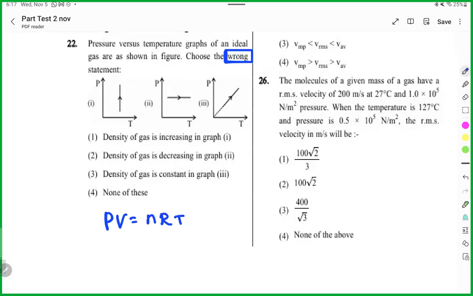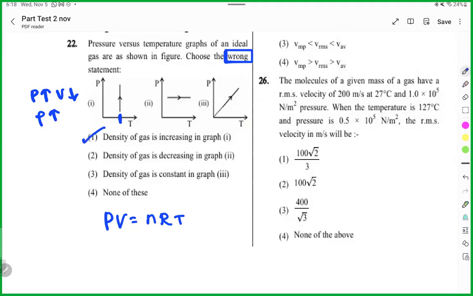In the first graph, pressure is increasing and temperature is constant. At constant temperature, pressure is increasing, so volume will decrease, and if volume decreases, density will increase. So pressure increases, density increases in the first situation.